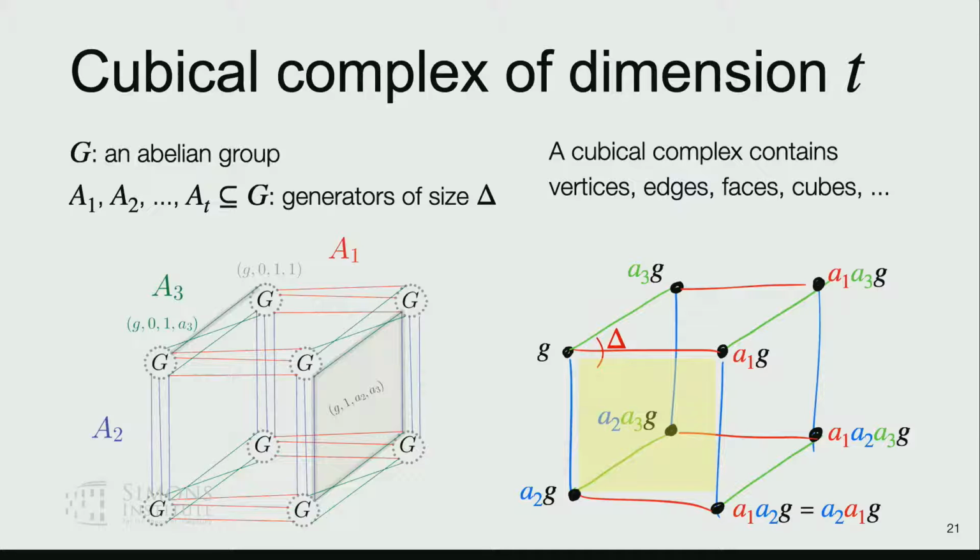But what's nice is that because A1 and A2 commute, the other direction also goes to the same point. So these 4 points form a face. And by the same argument, these 8 points would form a cube, and so on. This whole thing really relies on having an abelian group. So that's the cubical complex.